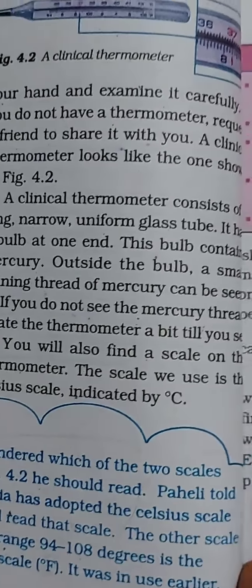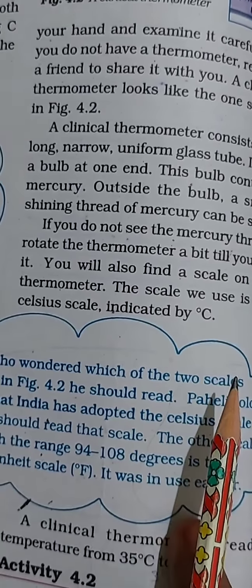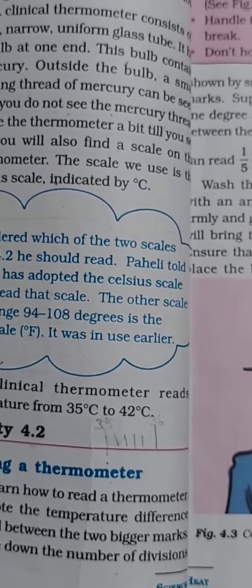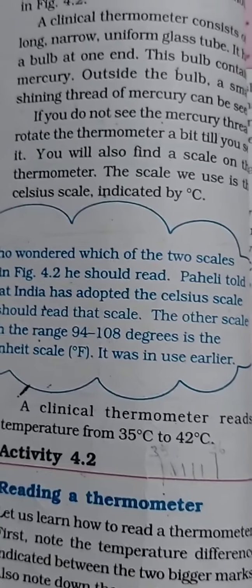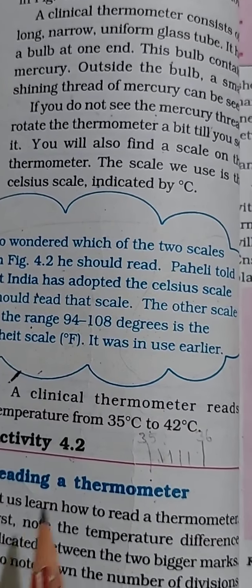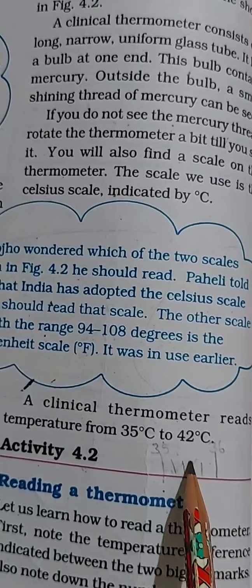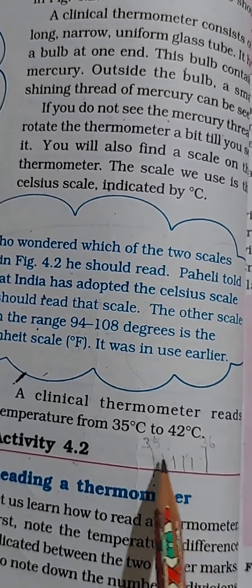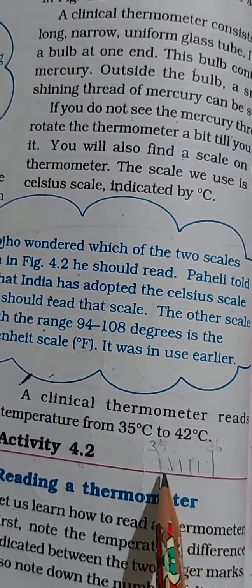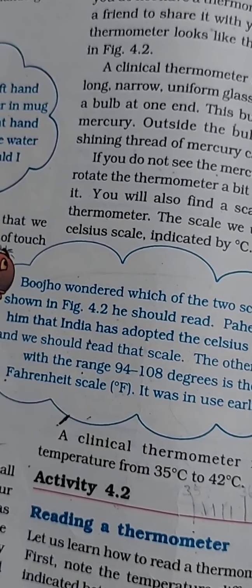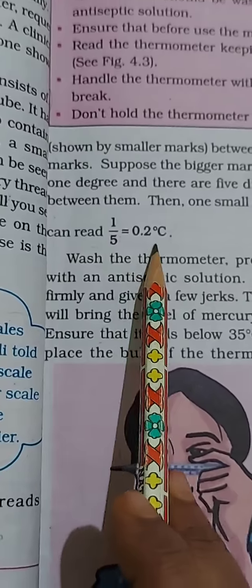And next, in what way are we taking a reading in the thermometer? While taking a reading, we observe the long lines and five divisions in between the long lines. Each division is equal to 0.2 degree centigrade.